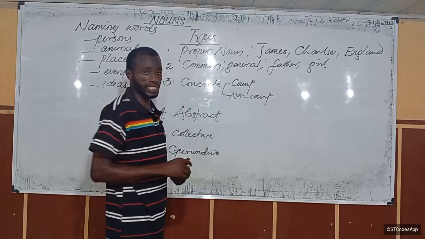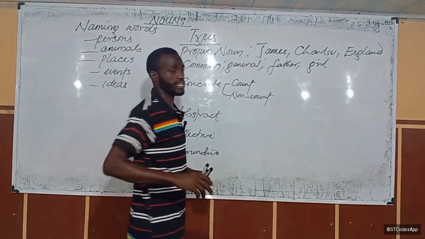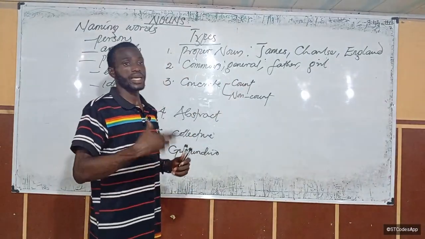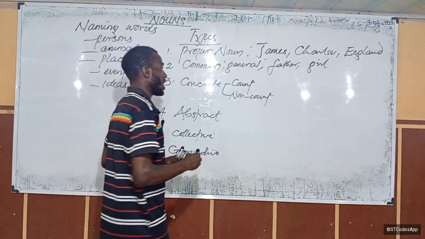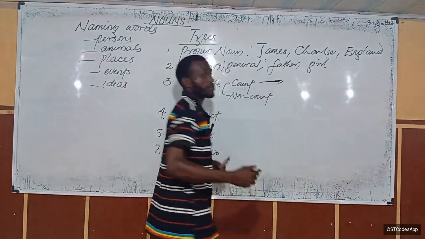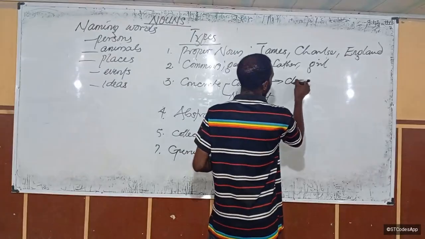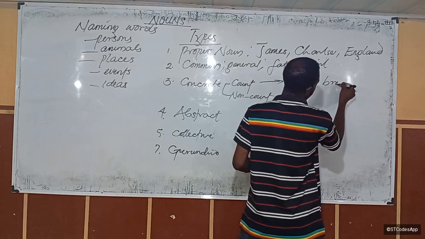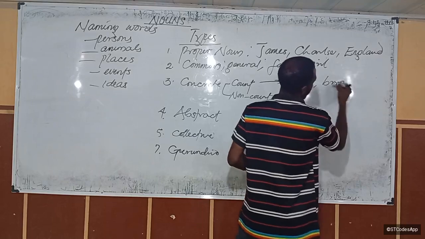Then we have the concrete nouns. The concrete nouns are divided into two. We have the count nouns and the non-count nouns. Count nouns, or countable nouns, are the nouns that can be counted. For example, chair, biros, book.